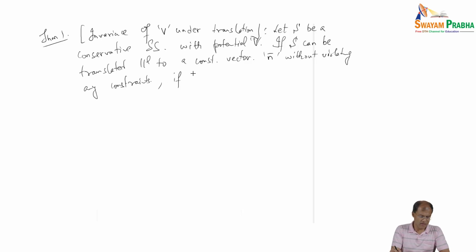and if V is unchanged by this translation, what we see is that the component of linear momentum in the n direction is conserved.